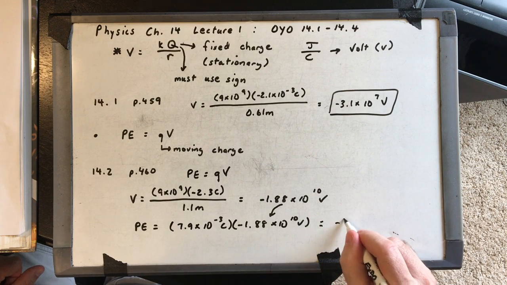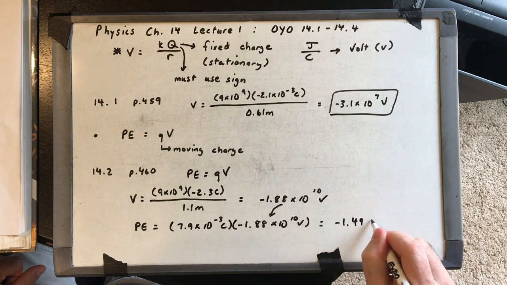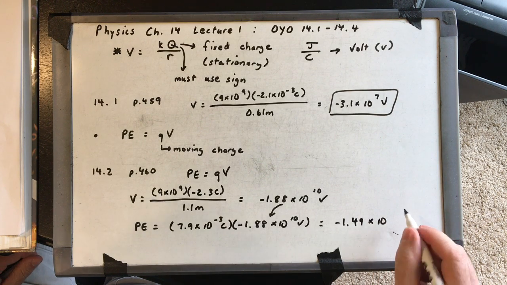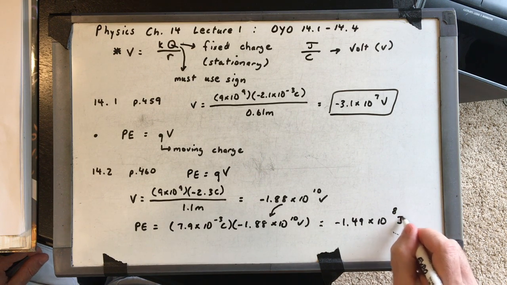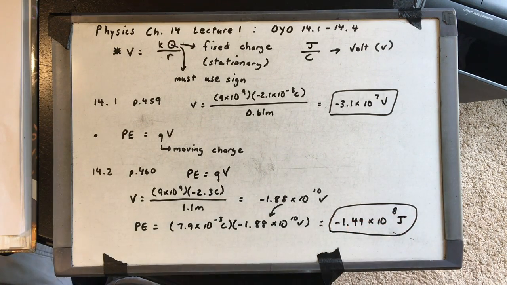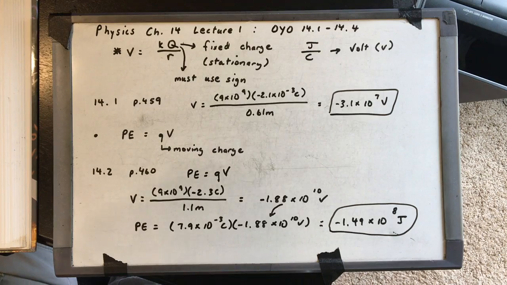So that's negative 1.49 times 10 to the 8th, and the unit for energy is what? Joules. Okay, so that is page 1 of your notes. If you need to pause and finish writing, go ahead and do that.